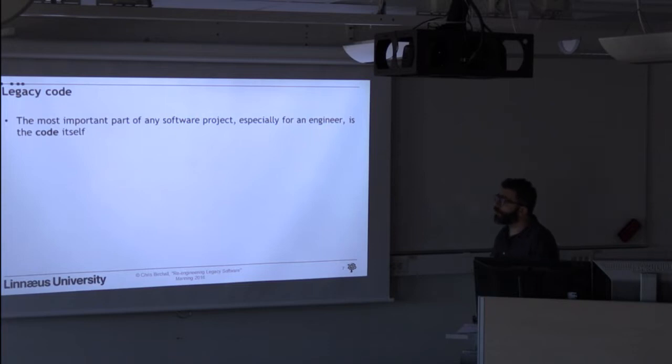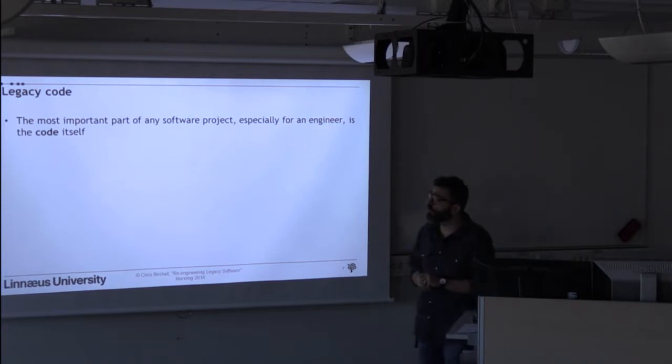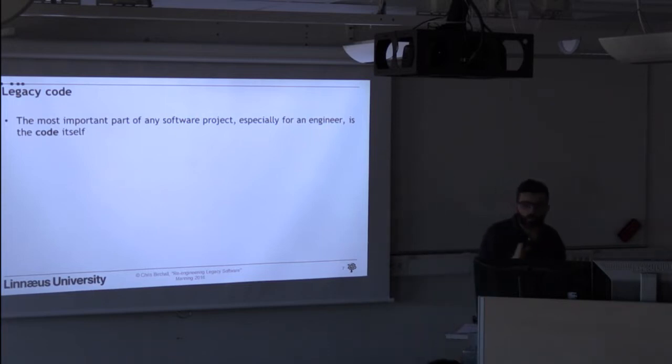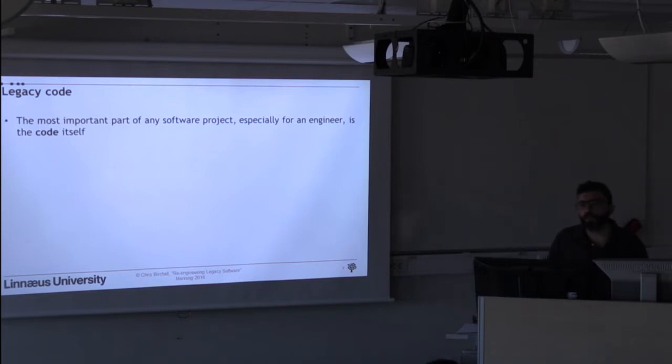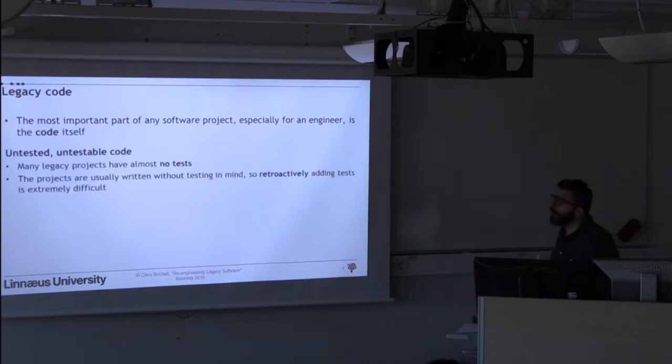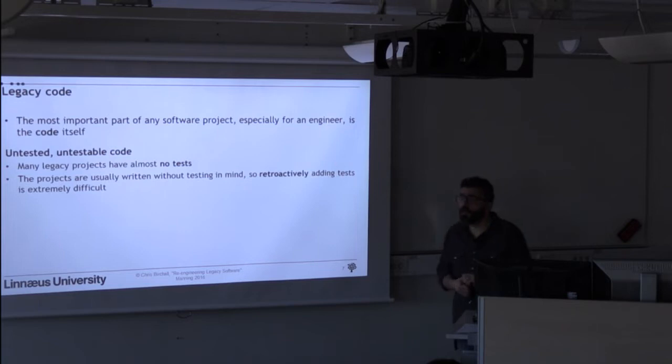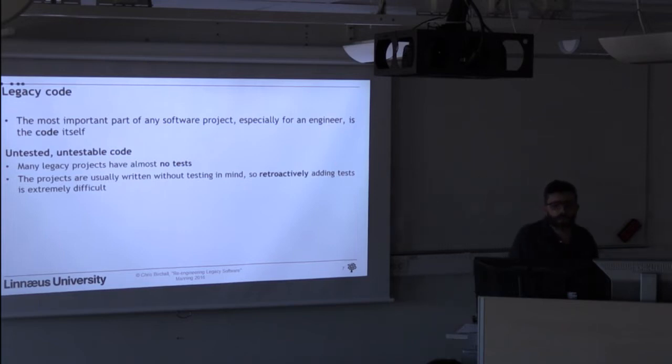But as software engineers, what we always focus on is the code itself, because we always think this is the more important part of the project, even if this is not always the case. And usually, these legacy systems have not been developed with testing in mind.